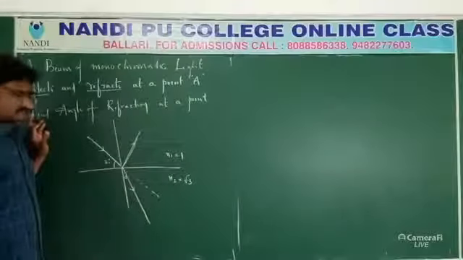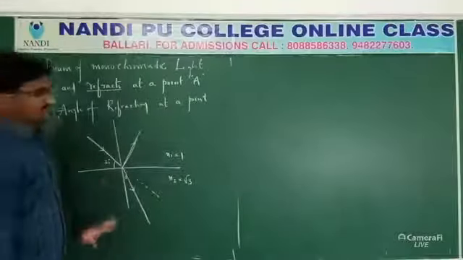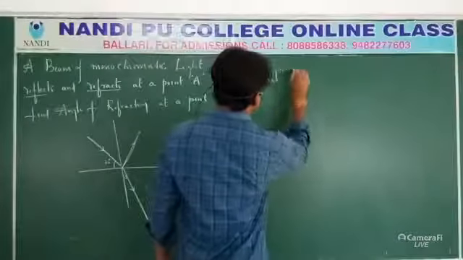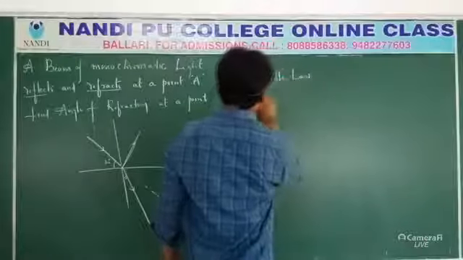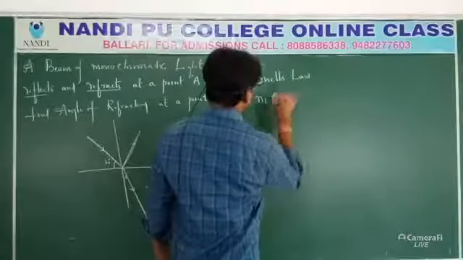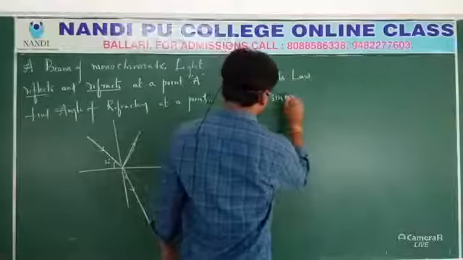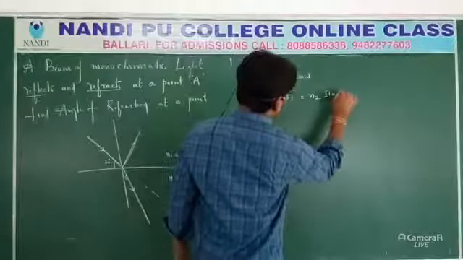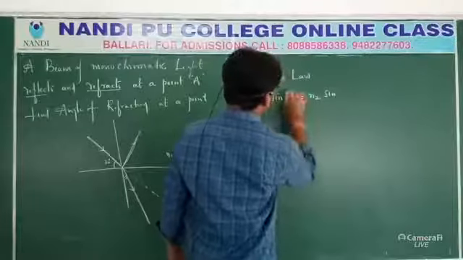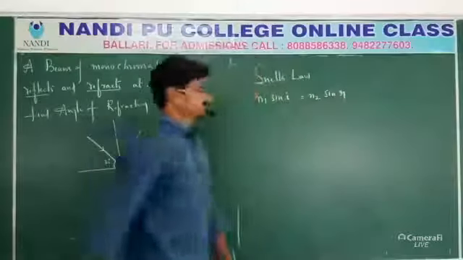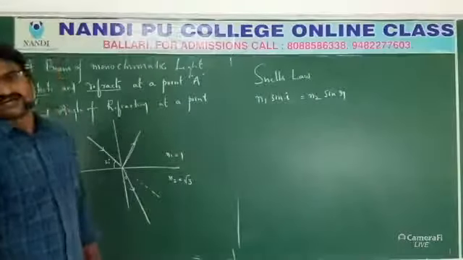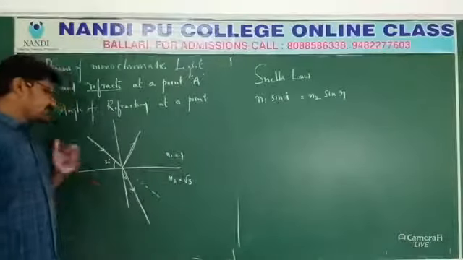What basic knowledge is required? Snell's law we have to apply. According to Snell's law, n1 sin I is equal to n2 sin R. But here we don't have the I value.